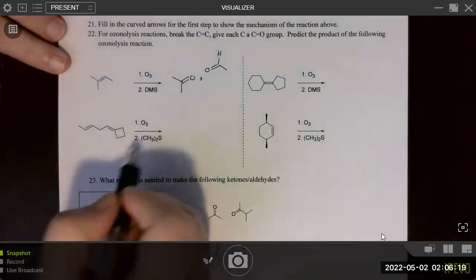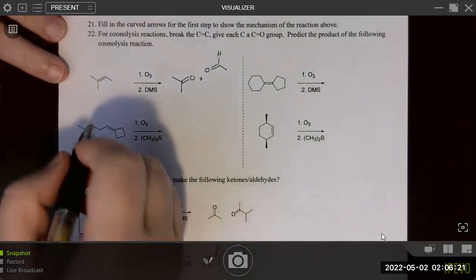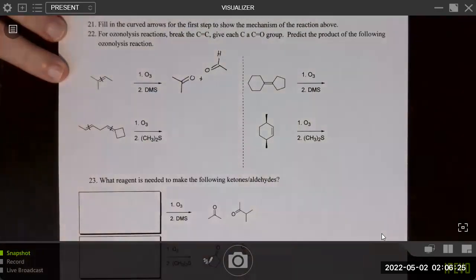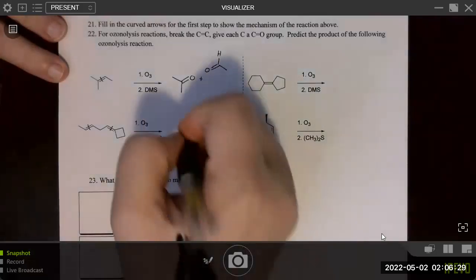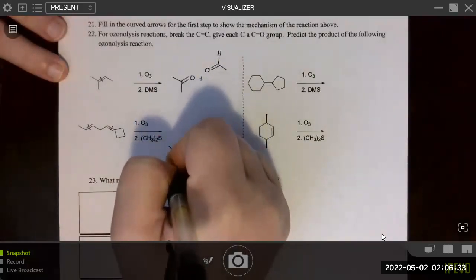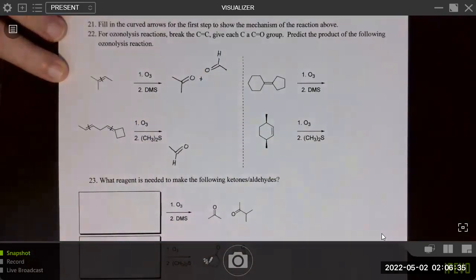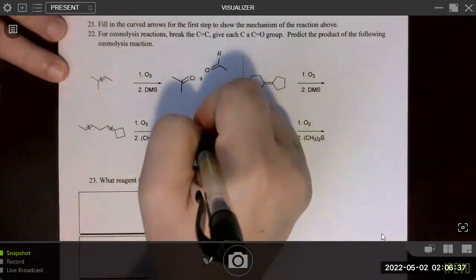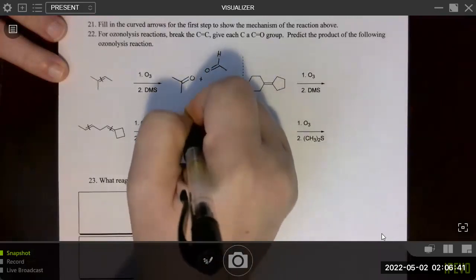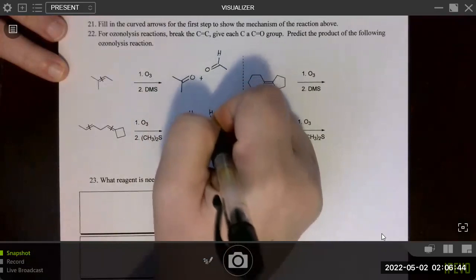What about this case? We have breaking all of these carbon-carbon double bonds. So we actually end up with three products in this case. We end up with simple formaldehyde. We end up with this dialdehyde.